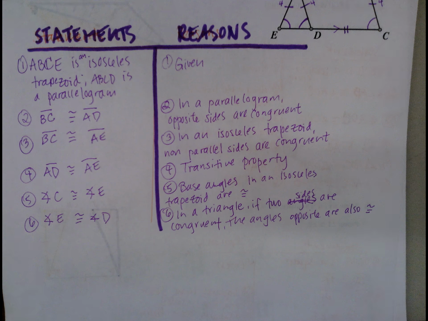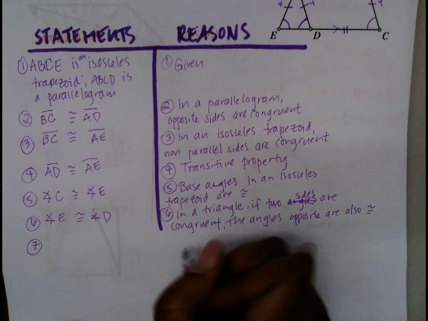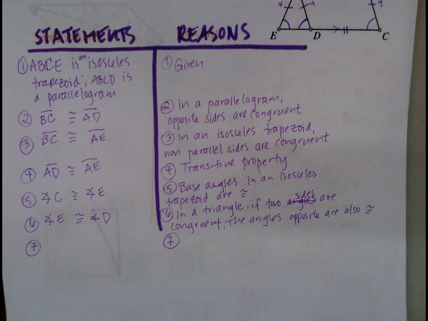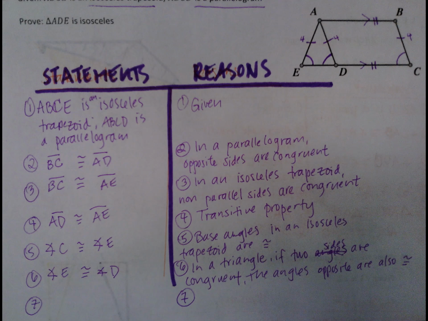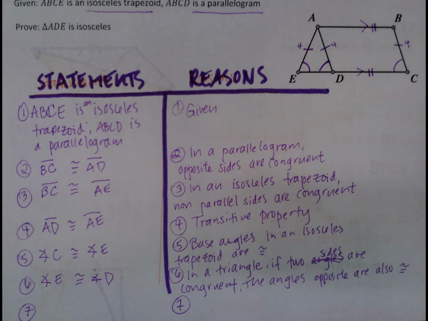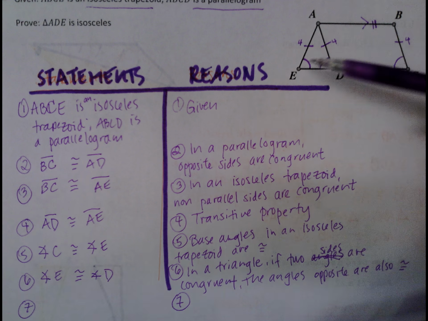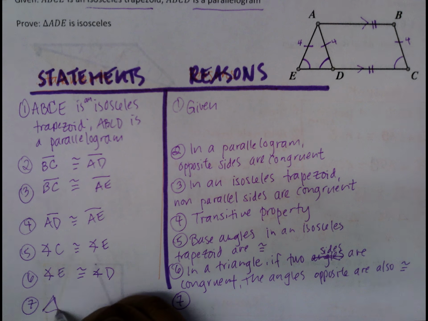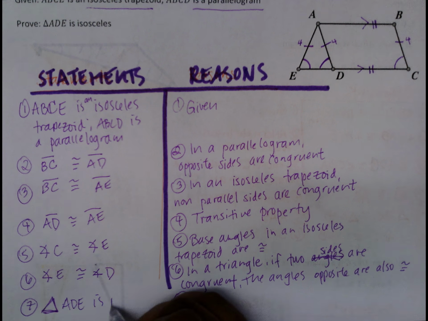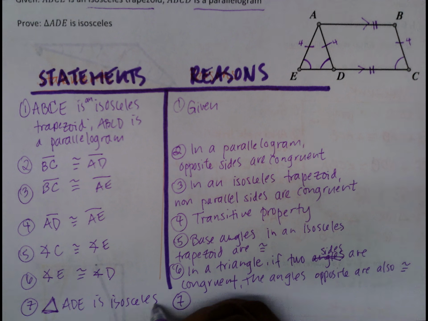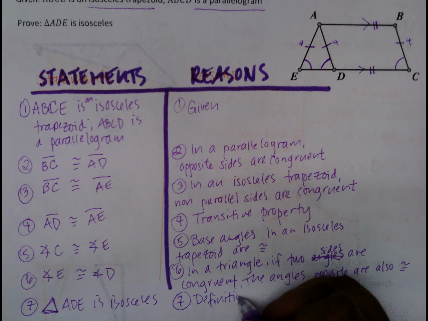Okay, so I'm making this a nice lengthy proof, a nice meaty proof, where I'm showing what I know through the statements and reasons that I'm making. Okay, if you need me to make this a little bit bigger. All right, and then finally, my last statement is, and we do have an isosceles triangle. So triangle ADE is isosceles. And the reason for that is just the definition of an isosceles triangle.